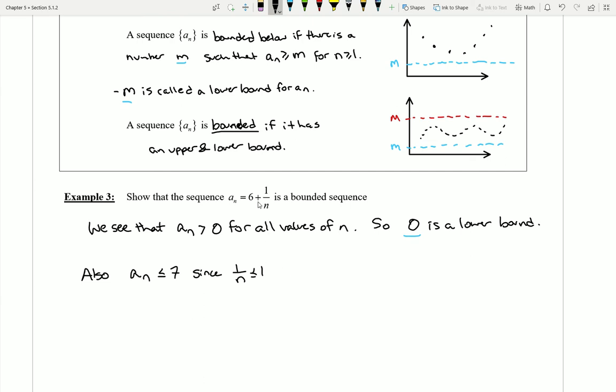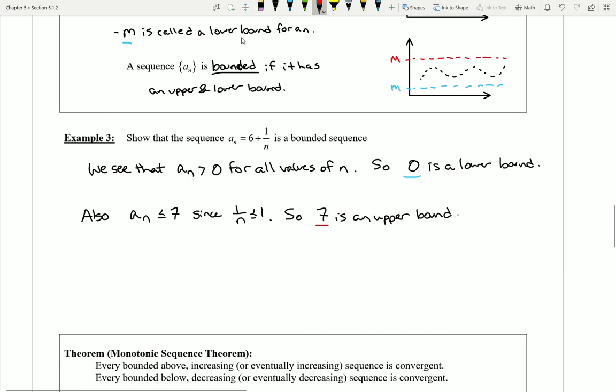So the biggest this could ever be is 6 plus 1. So 7 is an upper bound for a sub n, right? I found a possible red value. Notice again, that's not the only red value. I could also say 7,000 is an upper bound because nothing in this list is going to be bigger than 7,000. But now I can easily see that a sub n is bounded.